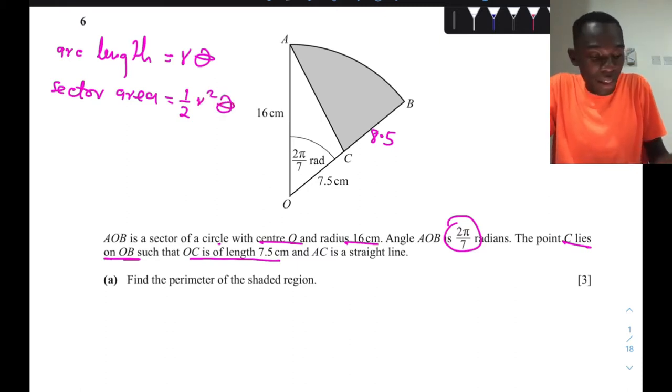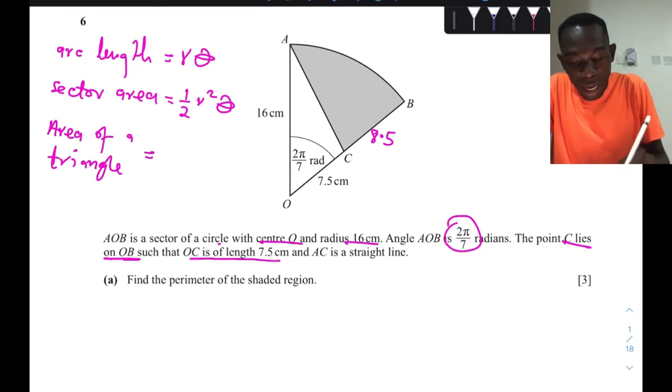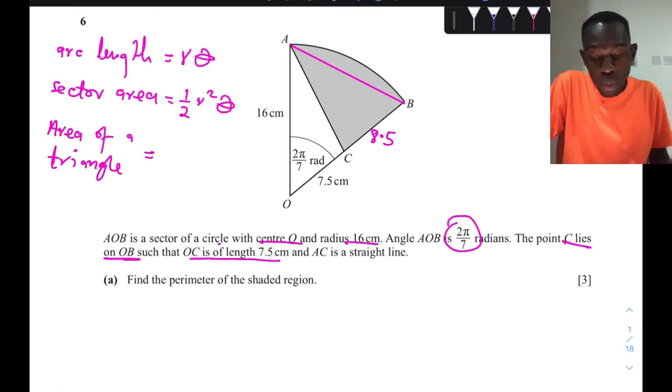And then the last thing that you will work with is area of a triangle, or you can just call it triangle area. Let's say I draw this line to block it like that, so I have triangle AOB.